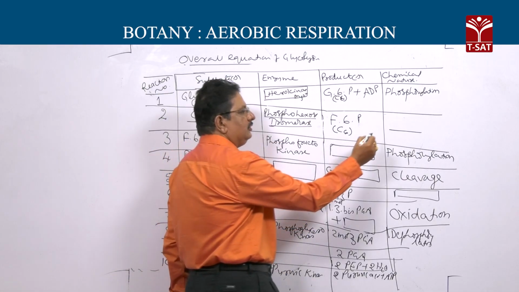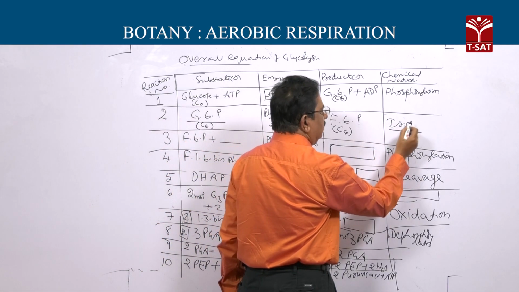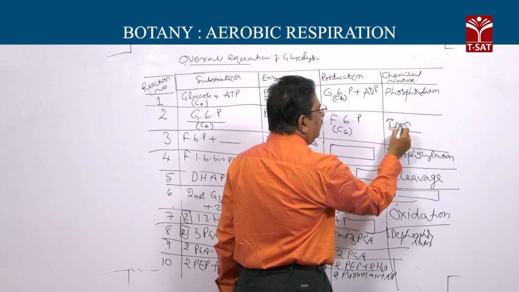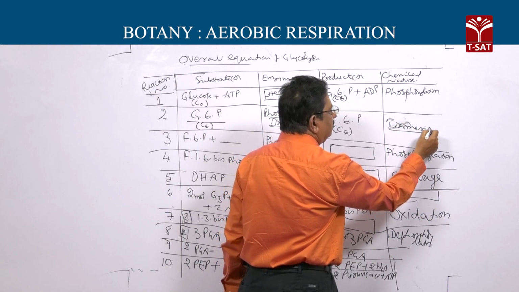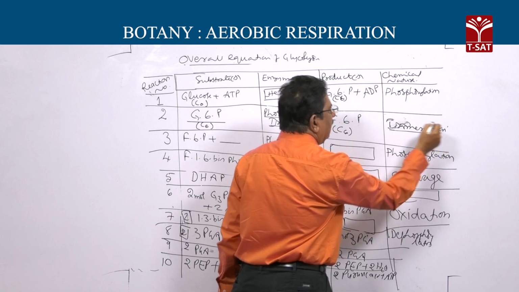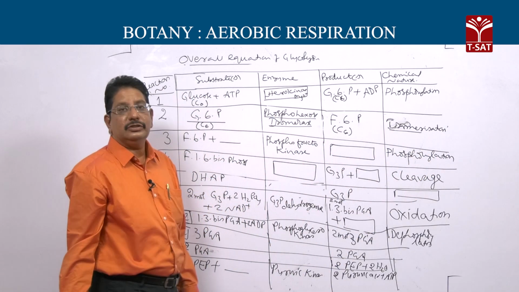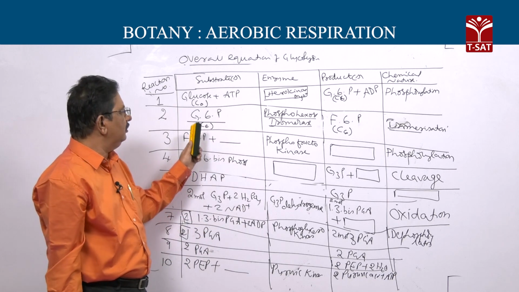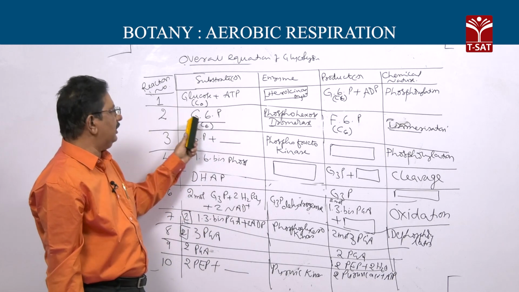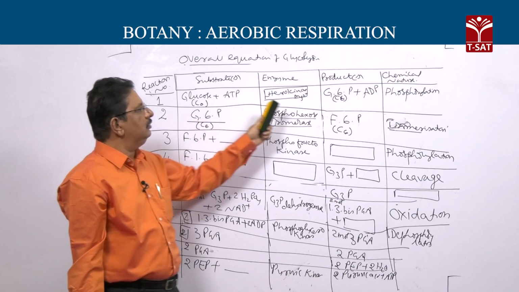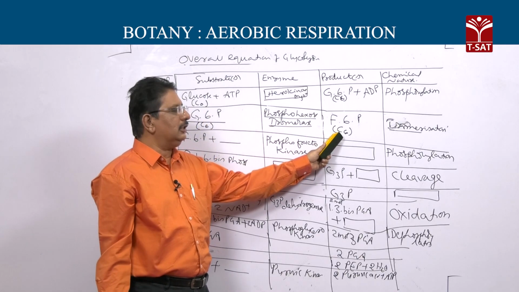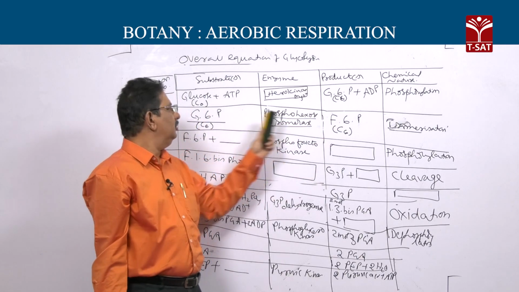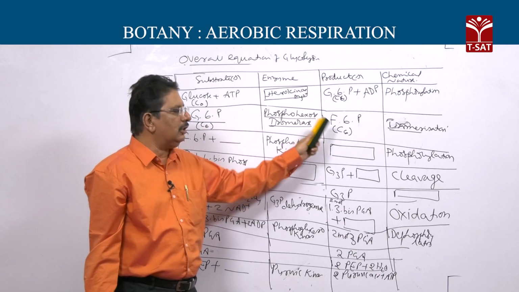So the enzyme is an isomerase, so the reaction is isomerization. The substrate for the second reaction is hexose, and the product will also be hexose, but glucose and fructose.